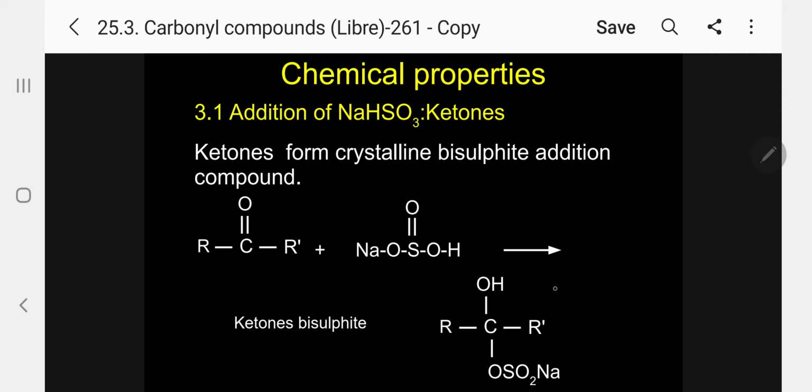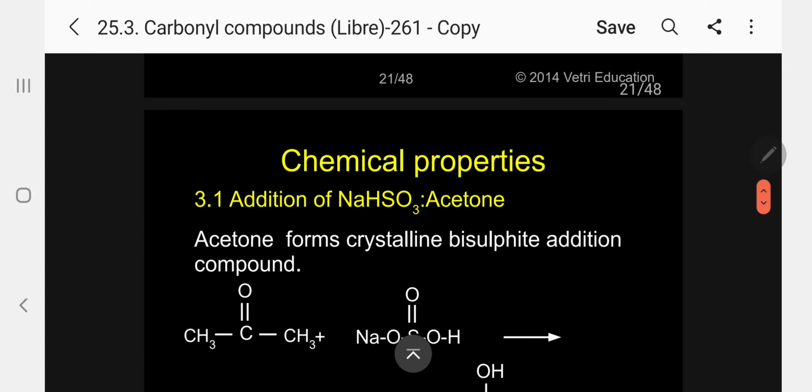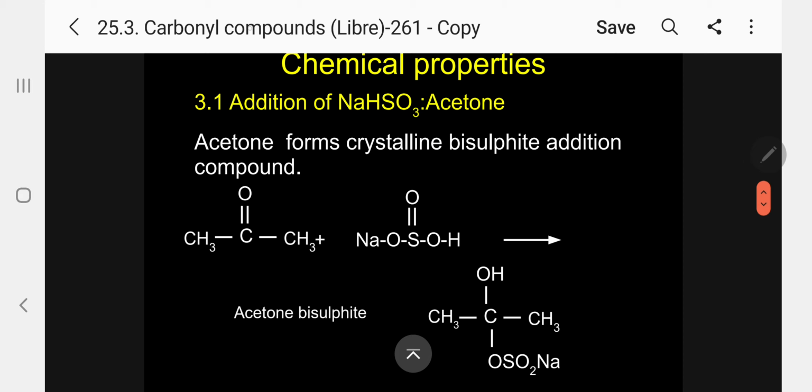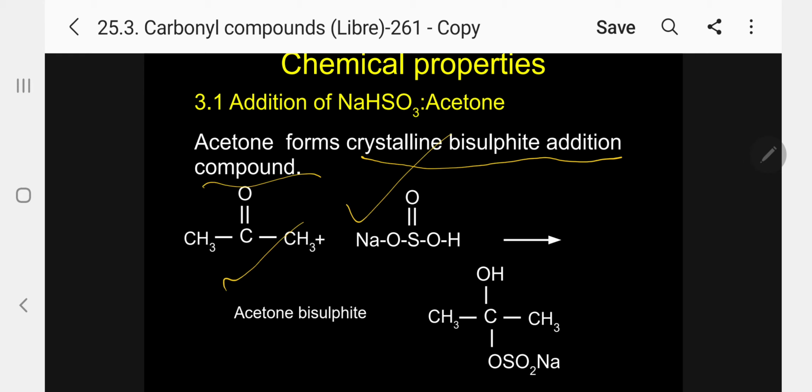The point here is that it is secondary. For ketone, the product will be different, not like our aldehyde. Let me take a specific example of ketone. Acetone forms a crystalline bisulfite addition compound. Acetone undergoes addition reaction with sodium bisulfite to form acetone bisulfite.